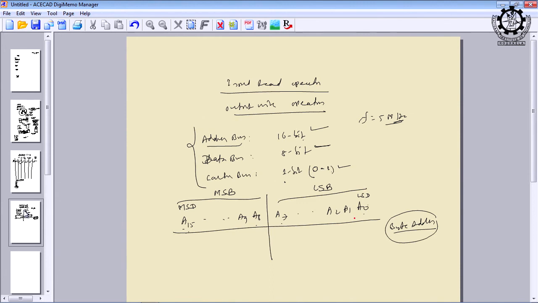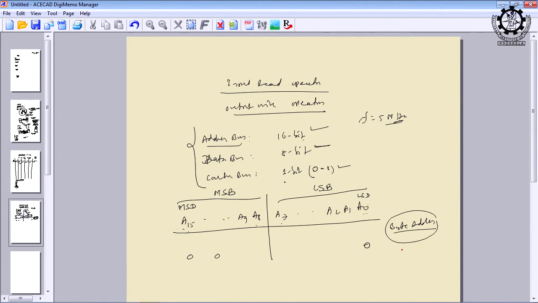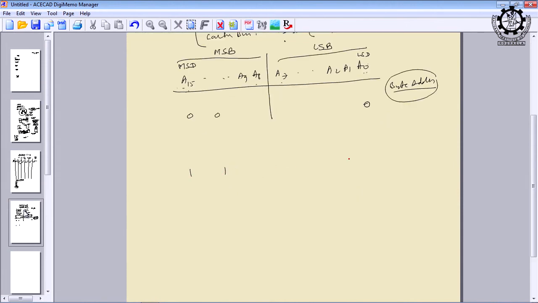Okay. So if I have A0 to A15, 16 address lines, I can transfer a 16-bit address using those 16 address lines. And what is the address range? The starting address will be all zeros and the final address will be all ones.